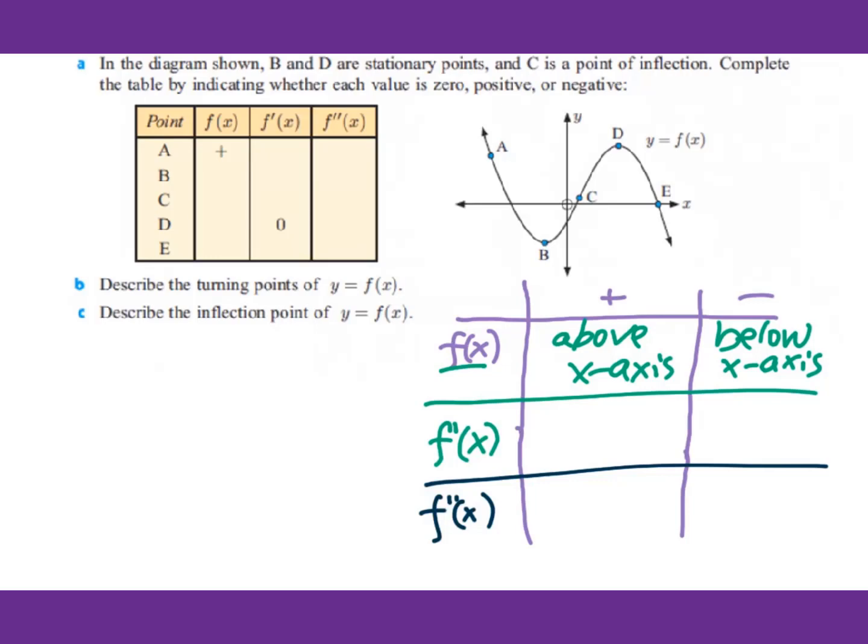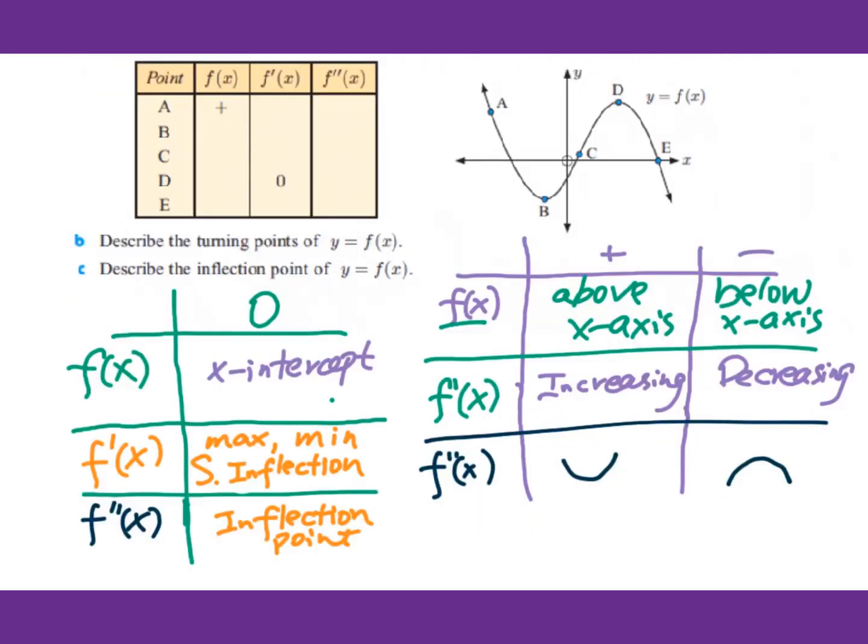For the first derivative, positive means increasing. Negative means decreasing. For the second derivative of f of x, positive means concave up. Negative means concave down.